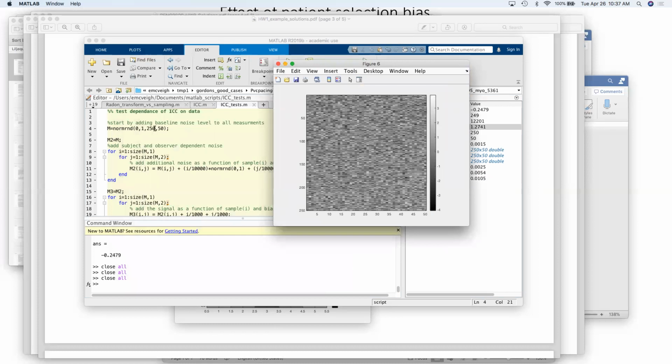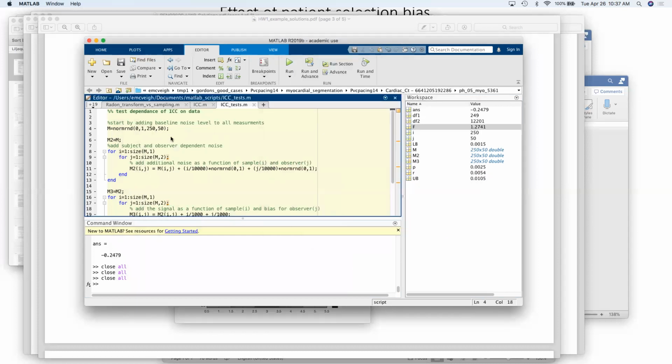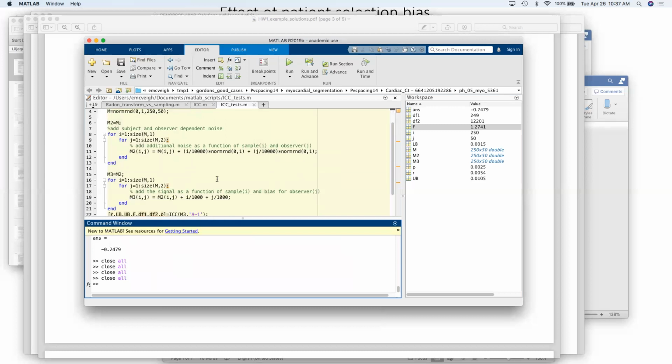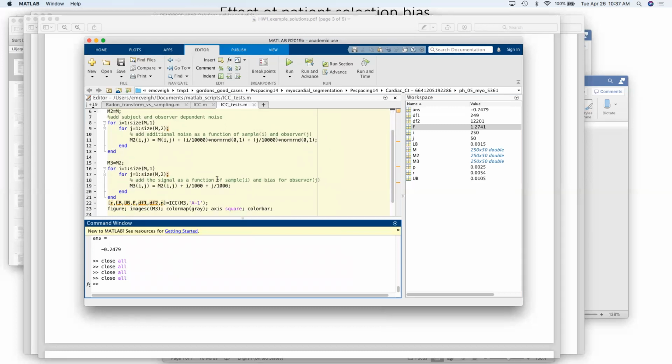So let's stay here. Let's close all this. So the two things we can do is we can change the values that are measured in the subjects and say, okay, well, not every subject is 0.